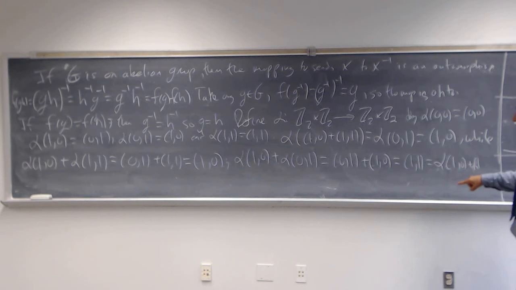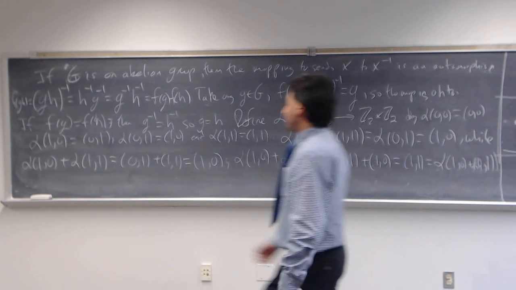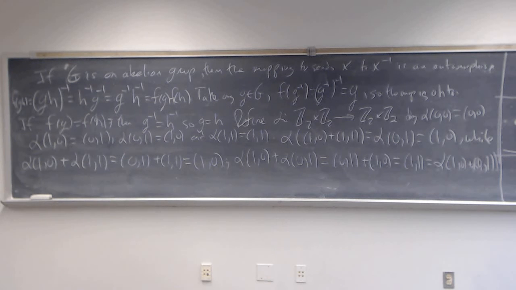Right, because the sum, these two added together, will give us (1,1), and alpha of (1,1) is defined to be (1,1). So again, that also proves it preserves the operation for those two elements.